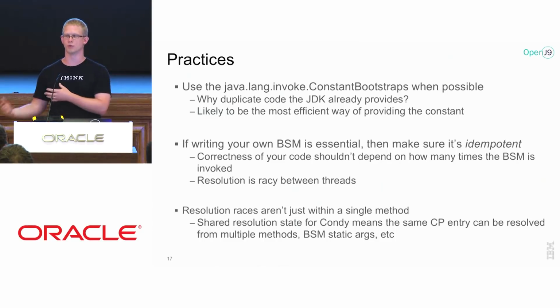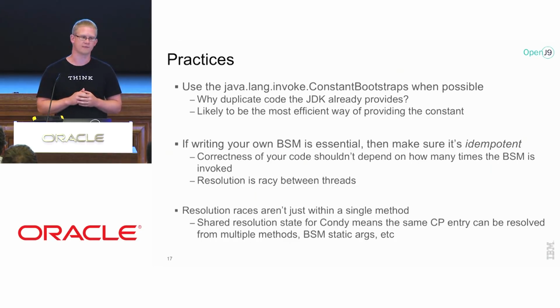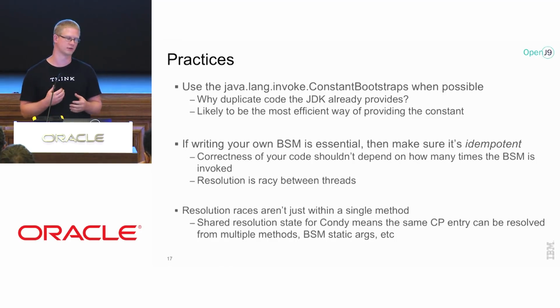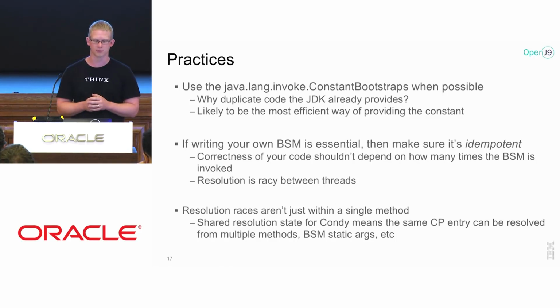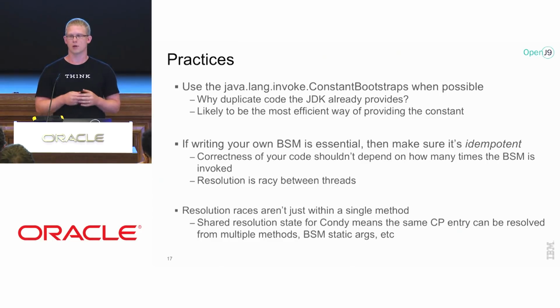If you need null, use the one to get null. The reason for this is, you don't want to duplicate code if you don't have to, and the VM and the rest of the runtime has a common hook to look at and to be able to give you better performance. If everybody writes their own versions of this, it's very hard to do intelligent things in the runtime for them.